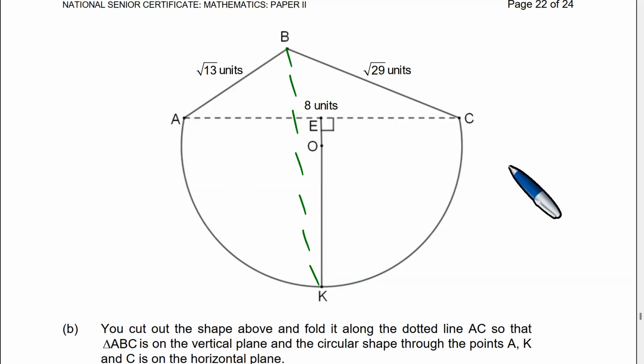What is the cosine of BAC? By using the cosine rule. So you want to find this angle.